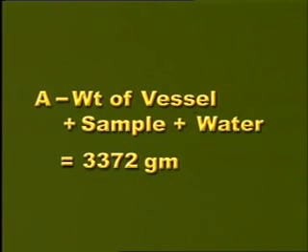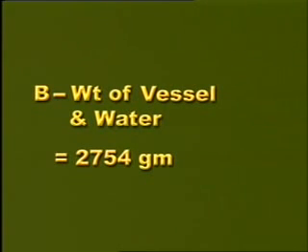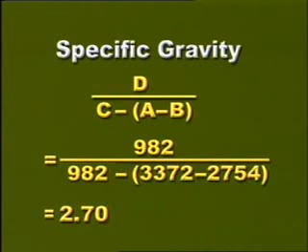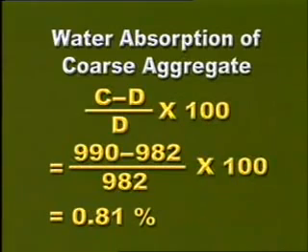A is the weight of the vessel plus sample plus water, which is 3372 grams. B is the weight of the vessel and water, which is 2754 grams in this case. By putting in the values, the apparent specific gravity comes out to be 2.70.